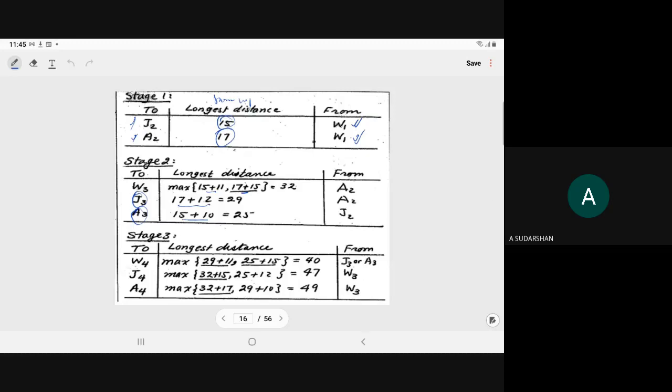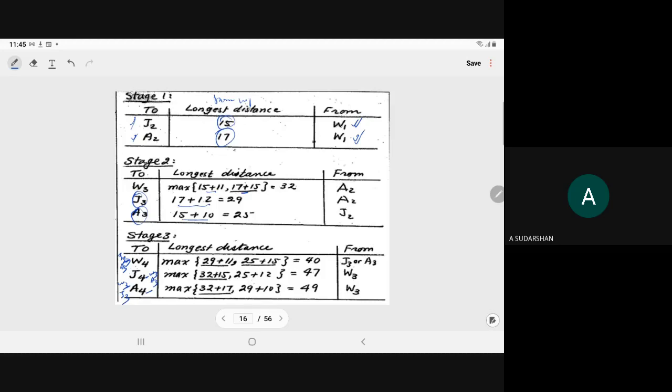For the W4 we have to check the J3 and A3. For the J4 we have to check from the W3 and A3. For the A4 we have to check the W3 and J3. So that is written here.